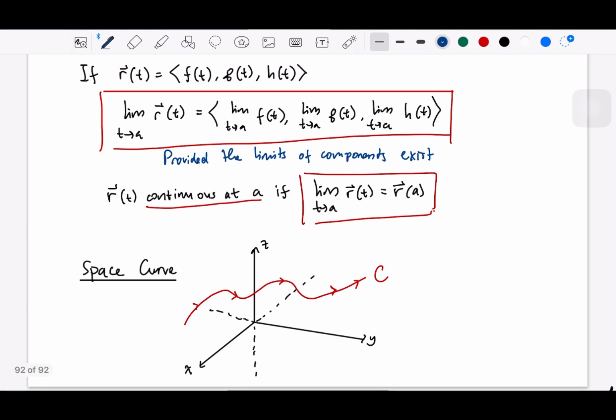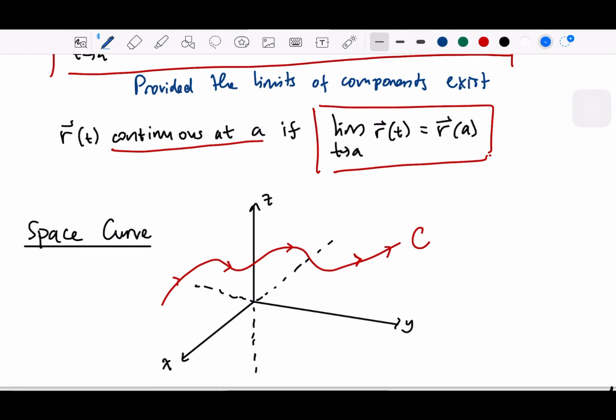And then within this system we have a vector function. So we have r(t), which is going to be f(t), g(t), h(t). And this is a point P, and this is the origin.